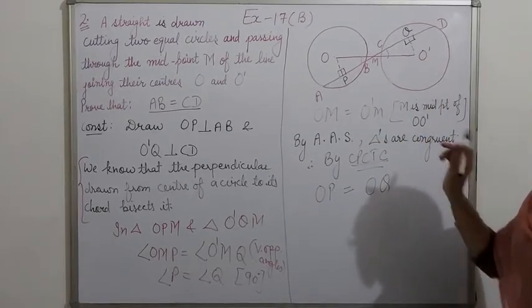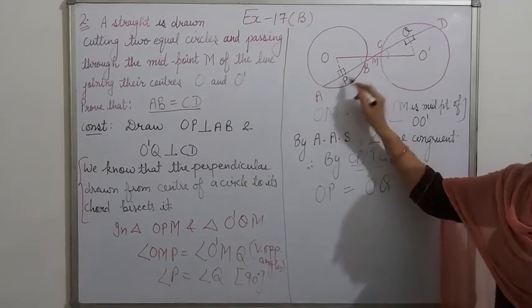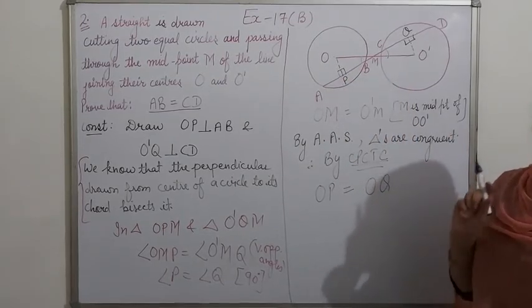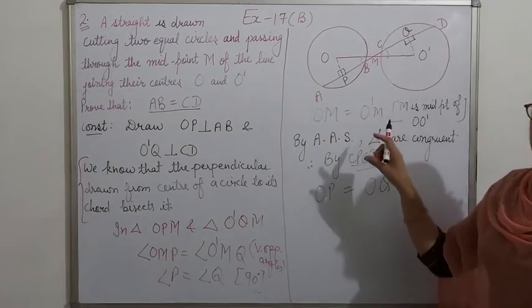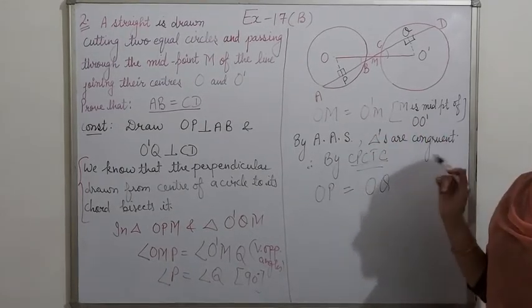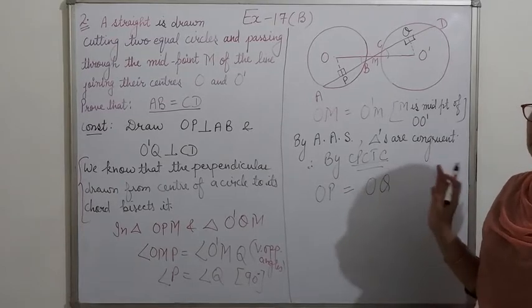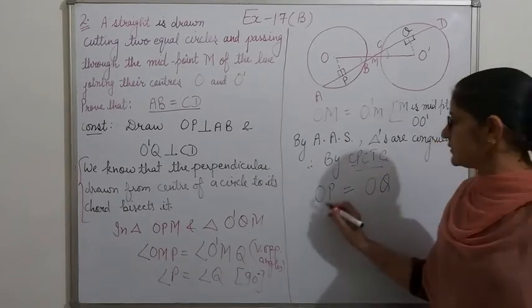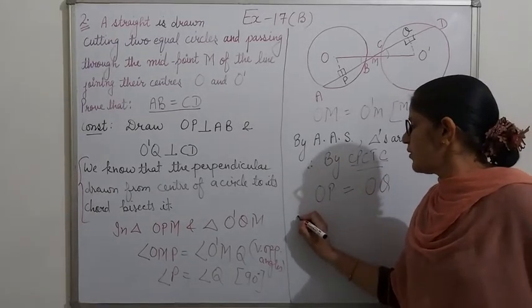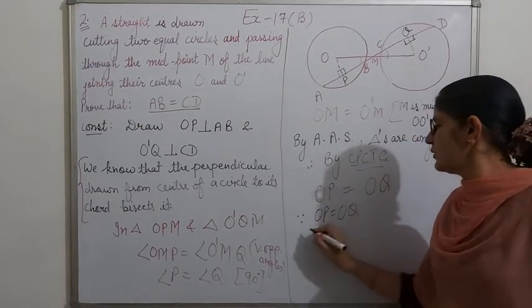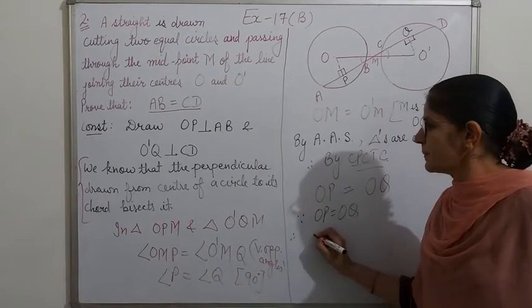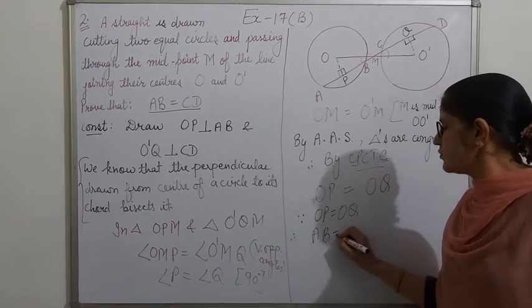Now, you see, two chords with the same distance from the center, in the same circle or in different equal circles, are also the same in length. We have done this theorem. Because OP is equal to OQ, therefore AB will be equal to CD.